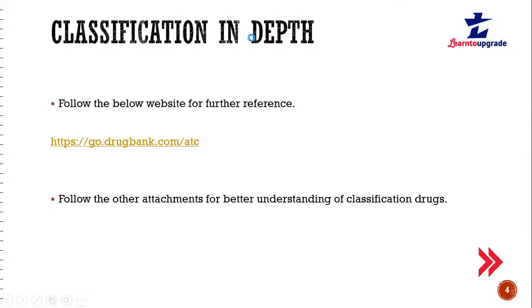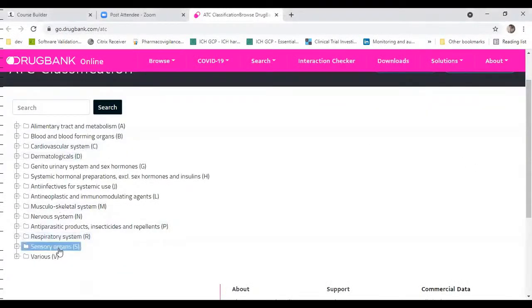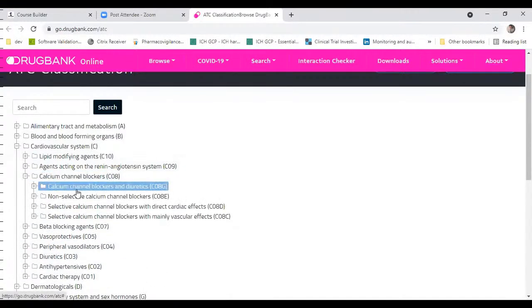Let's also see that part. Allow me one second to take you there. So this is the screen I'm talking about. You can see all these categories are available. You can open any category, let's say cardiovascular. At the first level, you can see the pharmacological levels, such as beta blocking agents and calcium channel blockers. Once you open any of these, you move to the next level, like the therapeutic or chemistry level.